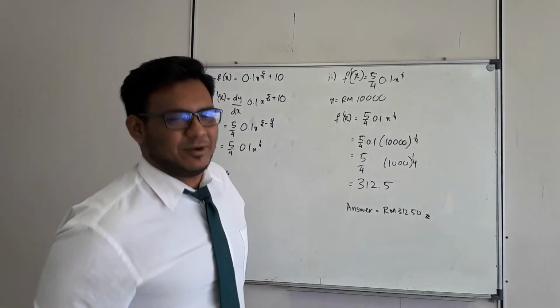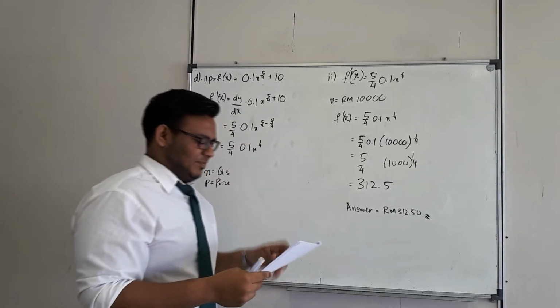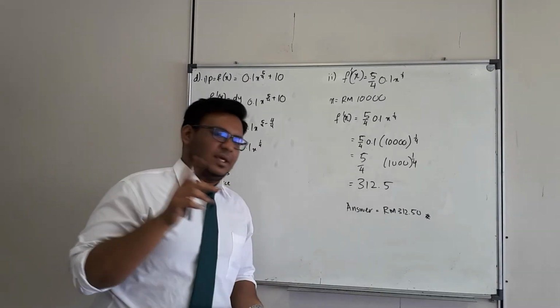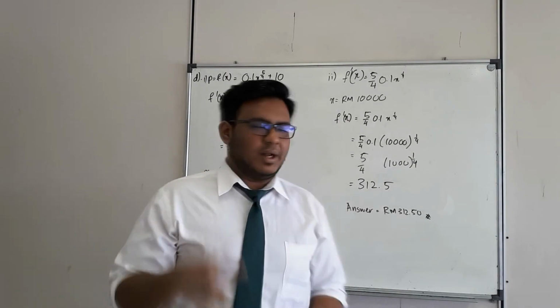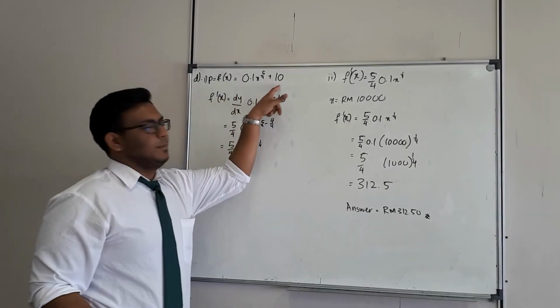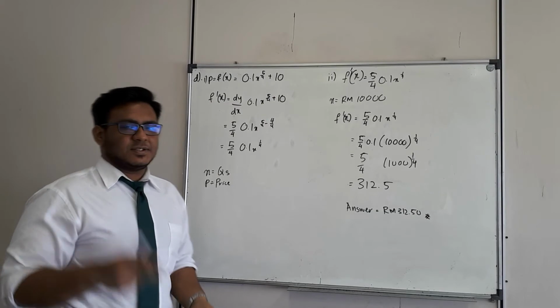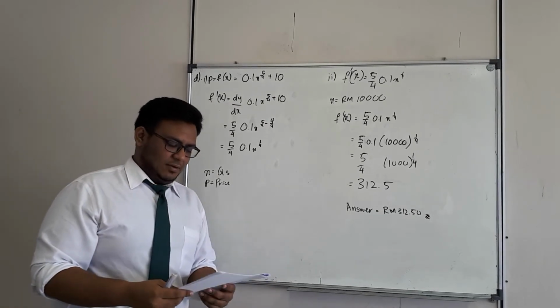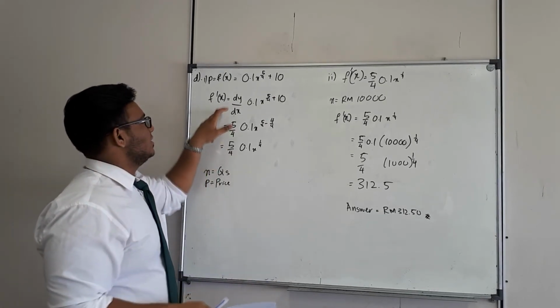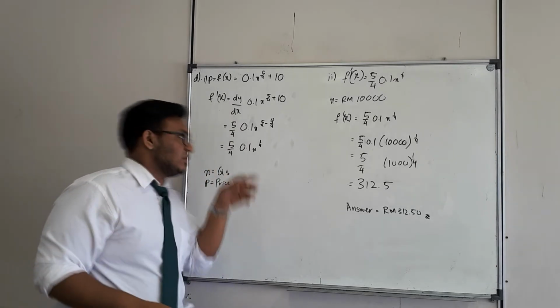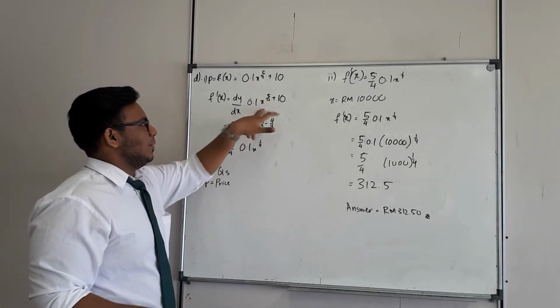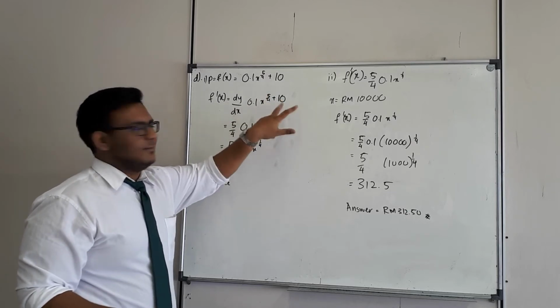So for the final part of question number 4, the question is P, the function of price, f(x) equals 0.1x^(5/4) plus 10. The first question is to derive, find f prime x. As usual, as I've been showing you from the first part of this question, dy/dx equals 0.1 times x^(5/4) plus 10.